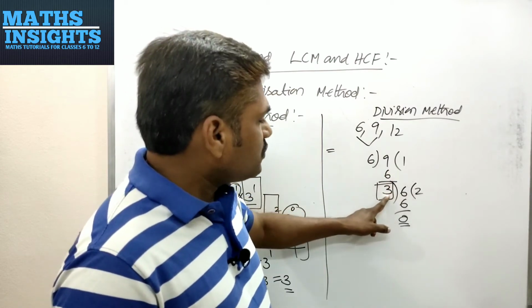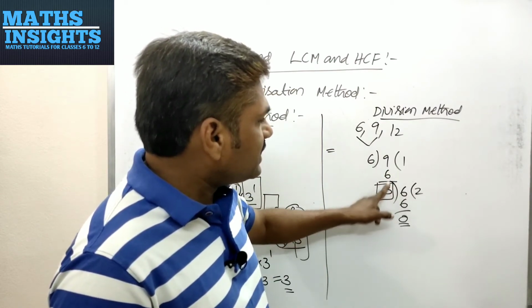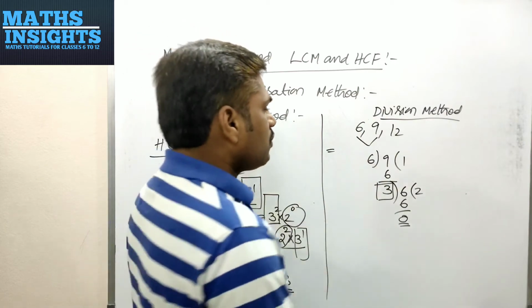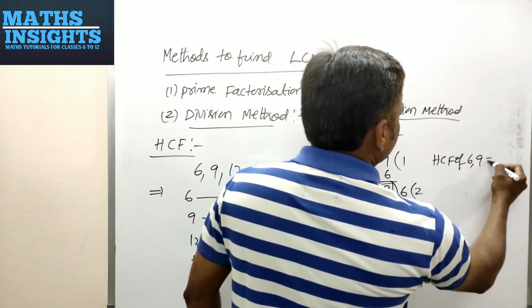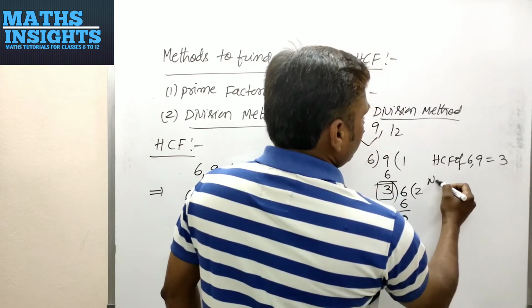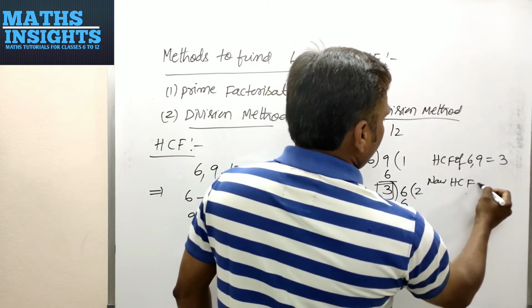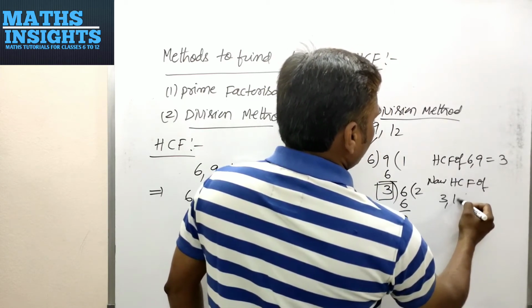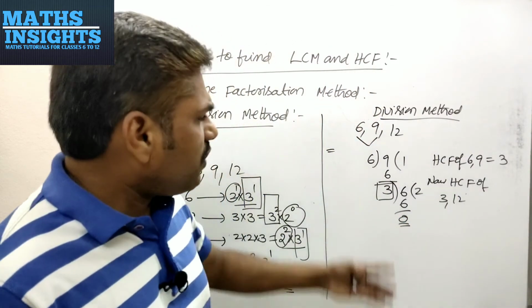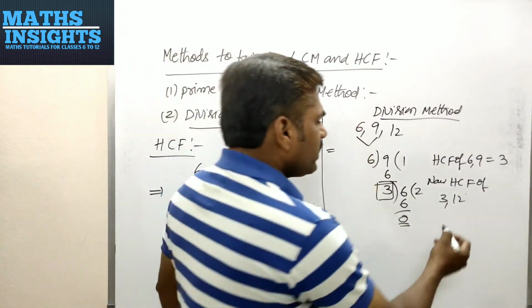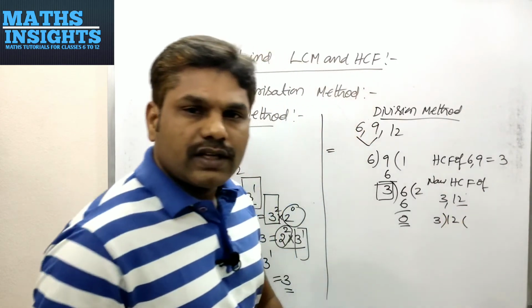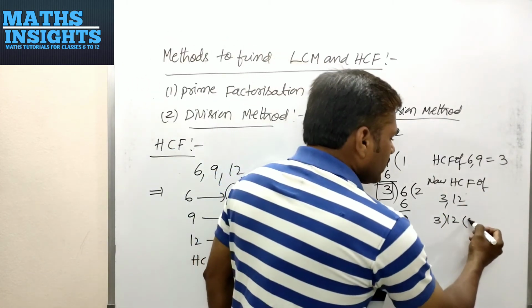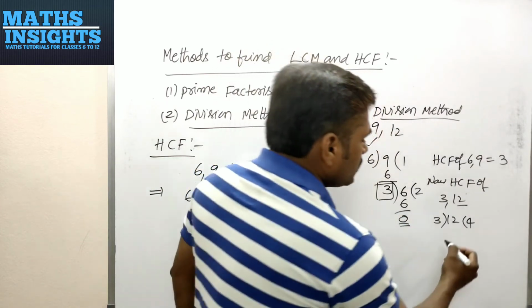After finding this, you have to find the HCF of this 3 and 12. Therefore, HCF of 6 and 9 is equal to 3. Now, HCF of 3 and 12. In a similar manner, you have to divide the bigger number 12 by this 3. Therefore, it divides 4 times exactly. 3 4s are 12.